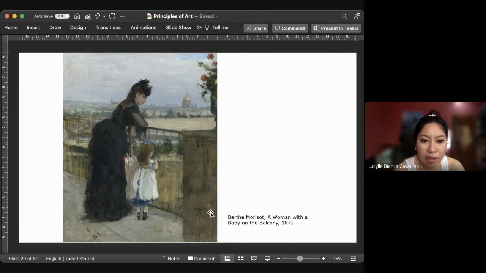But also if you could see there is a stark contrast also on the textures. For example, this looks smoother, and then this is more rough compared to this one. So you can see how the emphasis is to the girl, to the little girl.